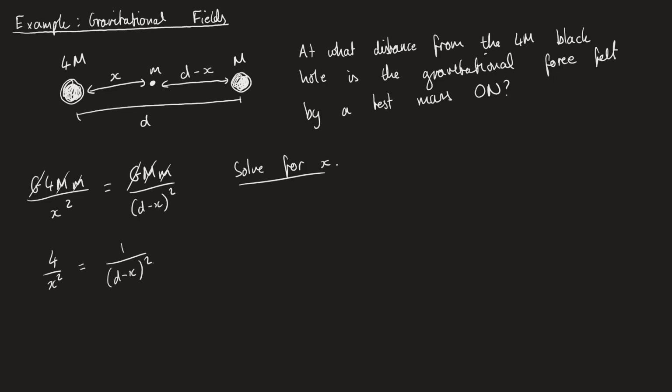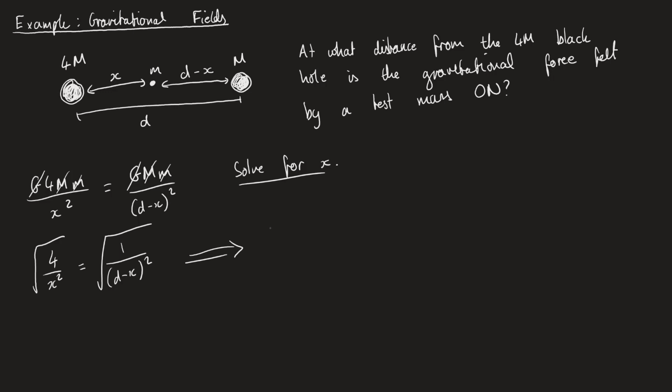Now from this point, most people will rearrange and they will form a quadratic equation, and then they will solve that quadratic equation. And while that is a valid approach, it's not the easiest one. Save yourself the time. Notice here that I could just square root both of these sides. So if I square root this and I square root this, it gives me the equation.